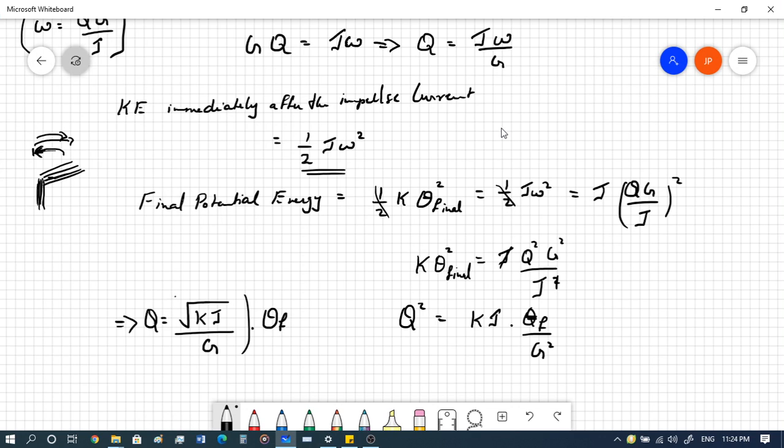So this can be taken as a constant, and Q will be proportional to the final angle theta in the ballistic galvanometer.